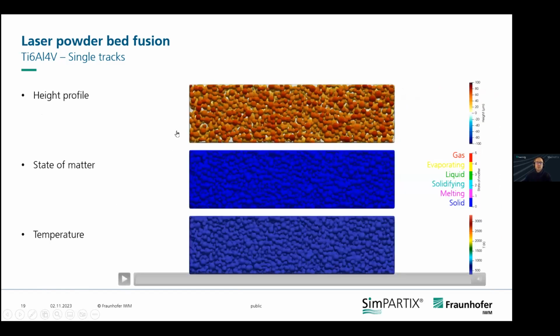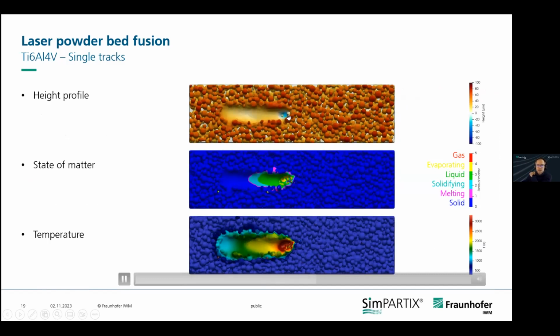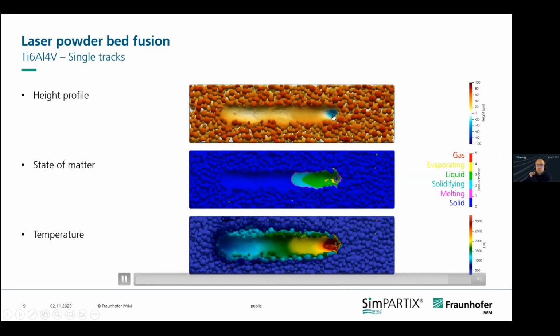So now I want to go more into the video and fun part. What you see here is the top view. It's the same powder that we just saw, in small. This is the height profile color coded, the same state of matter and the temperature. And you see, or you don't see, but there's the laser coming from left to right. And you see there's a blue spot here.